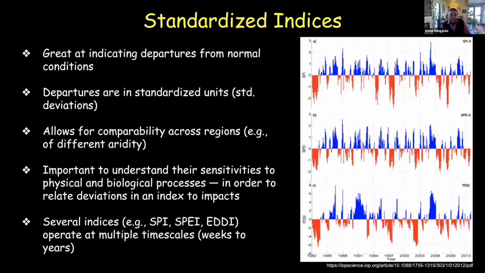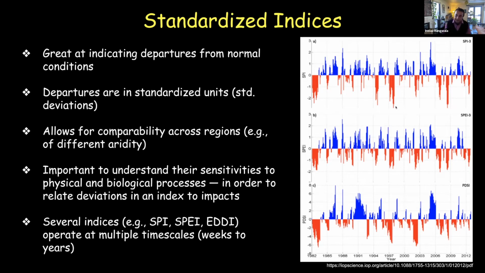Okay, I'll change gears a bit and talk about drought indices. Most of these indices are called the standardized drought indices, and they are really pretty accessible. When you look at these indices, they tell us the deviation from normal.